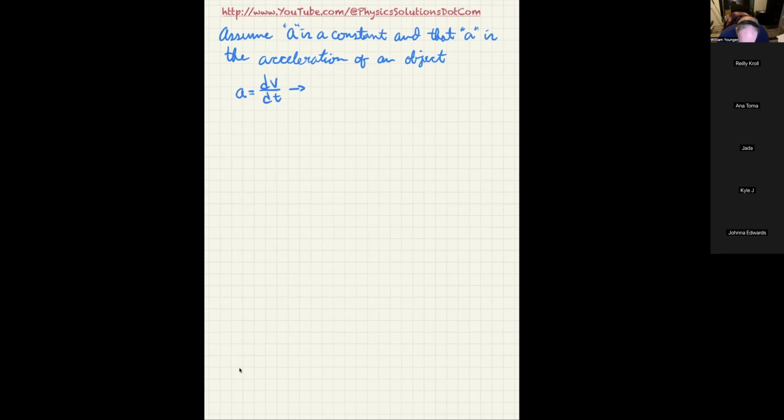So what I'm going to do is multiply both sides by dt, like that. Now I'm going to integrate both sides. Since a is a constant, I could pull that a out in front of the integral, and I did that earlier when I was showing my other class.